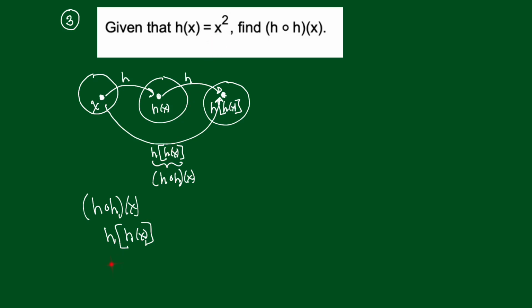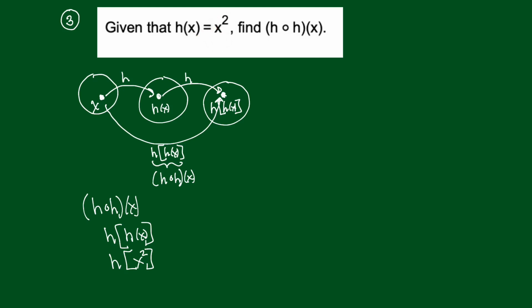So this is going to give us h of x squared. Now this says to put x squared into h. So I'm going to come back up to h, and I'll put an x squared here. So I have to replace all the x's with x squared. So I have x squared right here. So I'll do it up here.